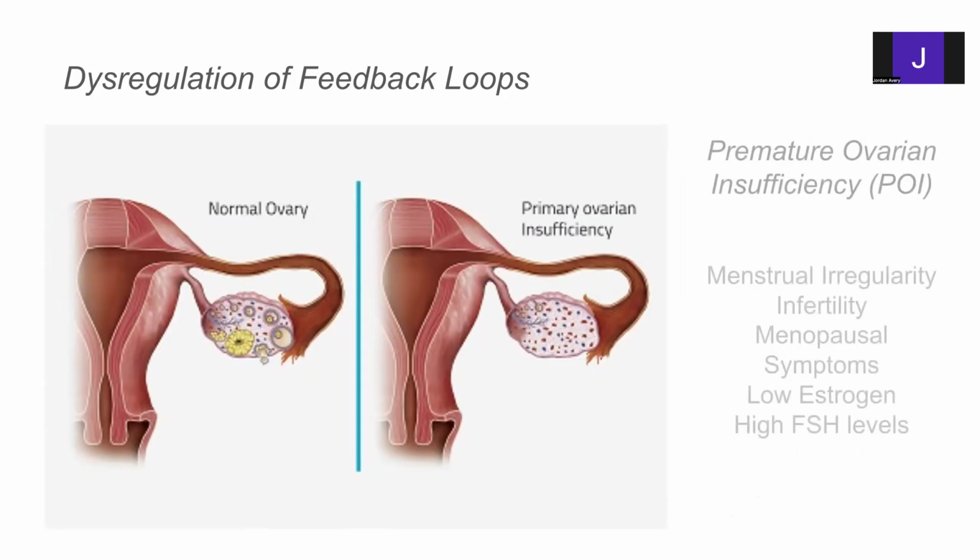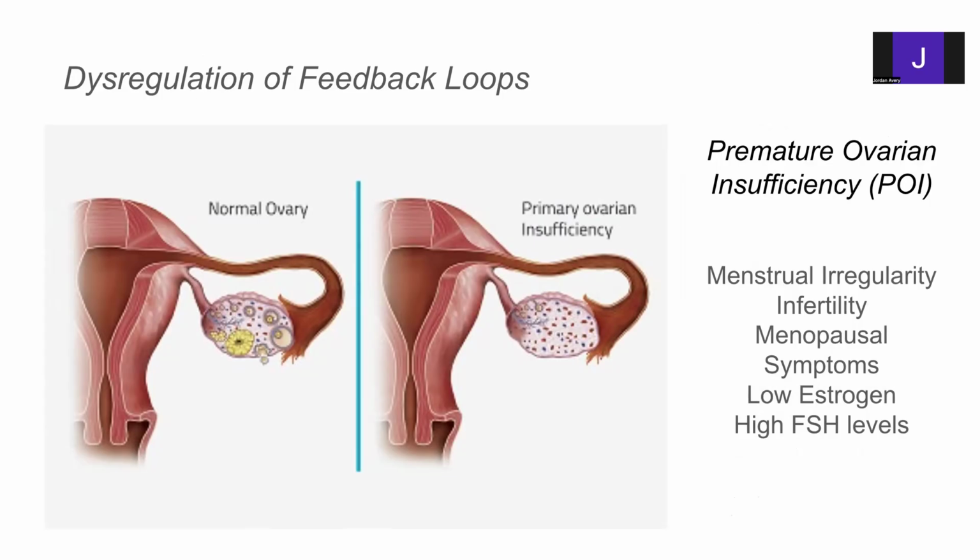Another disorder, premature ovarian insufficiency, POI, is a condition where ovaries fail to respond to the signals from the pituitary gland. The ovaries lose their normal function before the age of 40, leading to reduced estrogen production and irregular or absent menstrual cycles. Normally, when estrogen levels are low, the pituitary gland increases the release of FSH and LH to stimulate ovarian function.